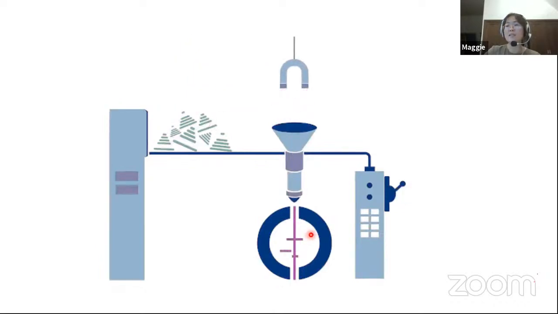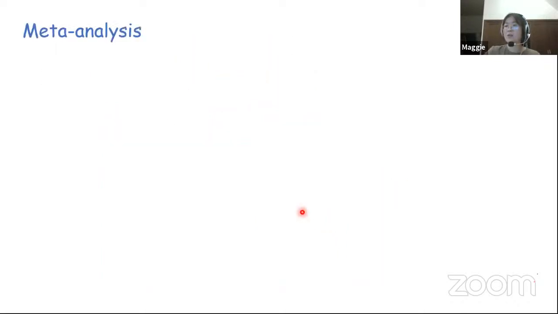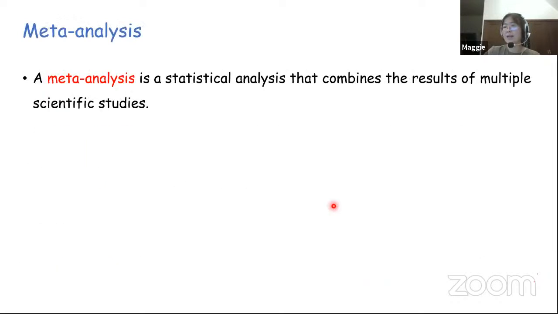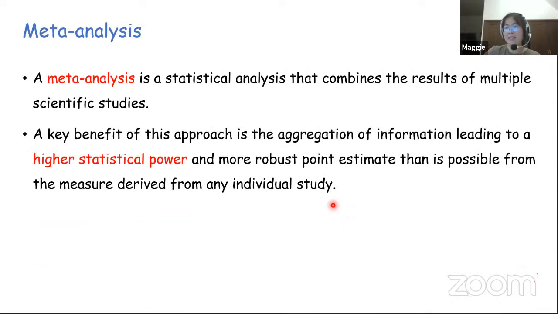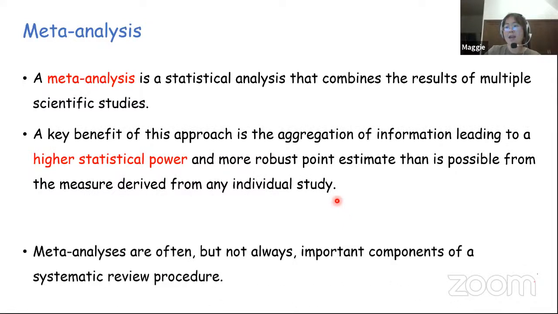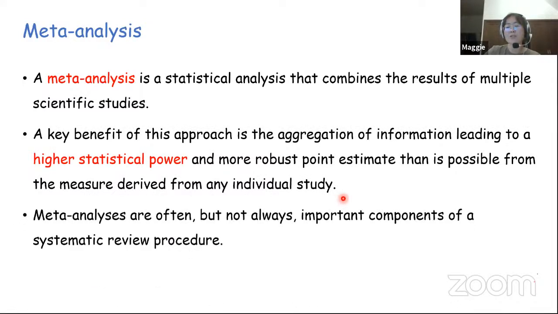So this is the meta-analysis or the systematic review. This can give you a better idea and a higher statistical power and help you to know better about your study.